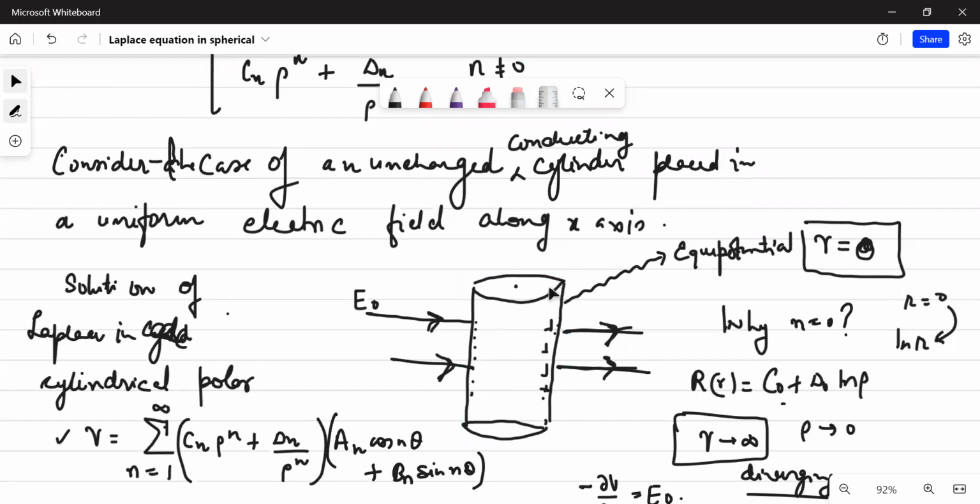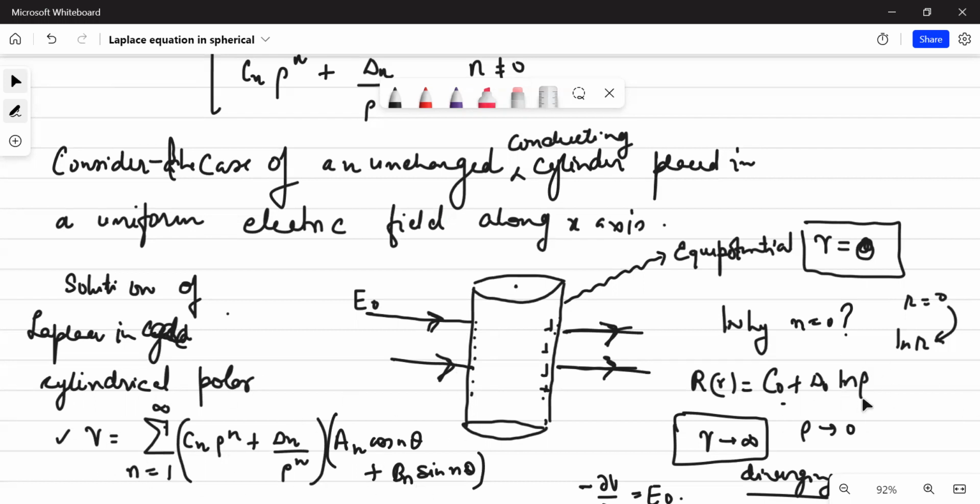Understand that there are no charges contained inside as well as outside, so forget about it. In this physical context, the potential can be found from the solution of Laplace's equation, del squared V equal to 0, and in cylindrical symmetry the solution will be of this form.